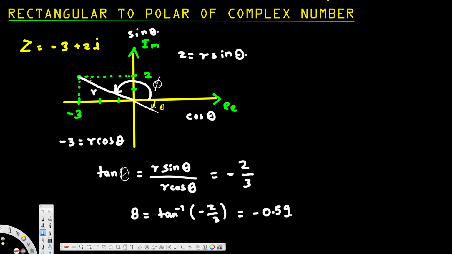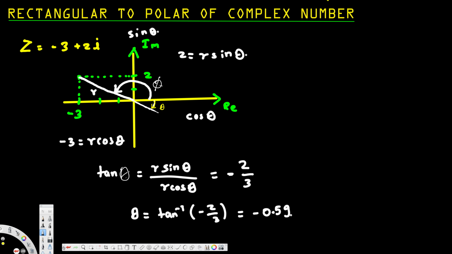A straight line is 180 degrees, and if I add this theta to 180 degrees, since theta is negative, it subtracts and gives us this angle. So that's what we are going to do right here.